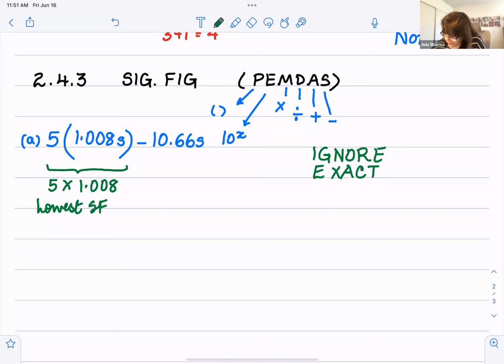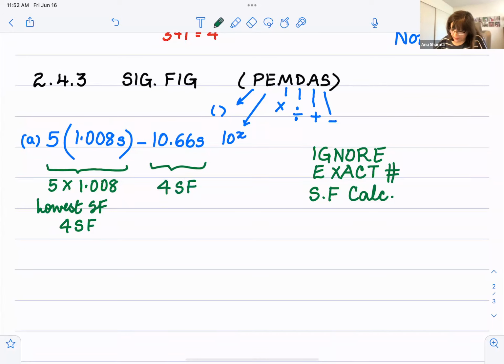So the lowest significant figure, technically, here we should still have 4 significant figures. But because it is subtracting, remember, we are going to look at the decimal places, so 2 decimal places. Whenever you are doing subtractions, you're going to use the decimal places.